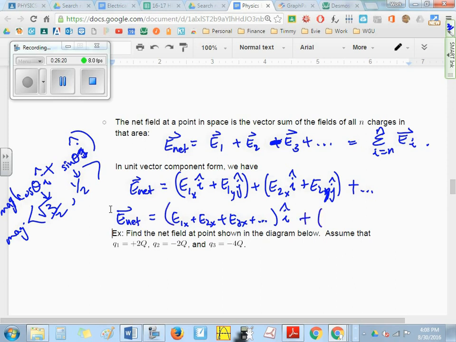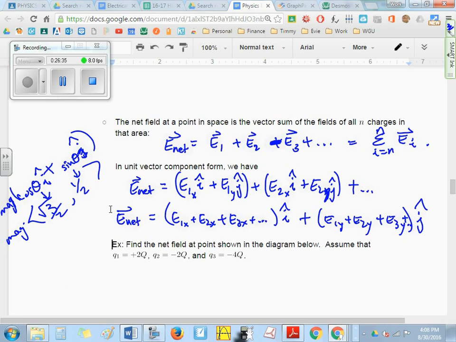And then plus E1y plus E2y plus E3y plus dot dot dot, and those are your j's. So we always keep the x's separate from the y's. That's very, very important. If you haven't had mechanics, you need to know right now that the x activity and the y activity must always be kept separate. And vectors help us to do that without writing too much.